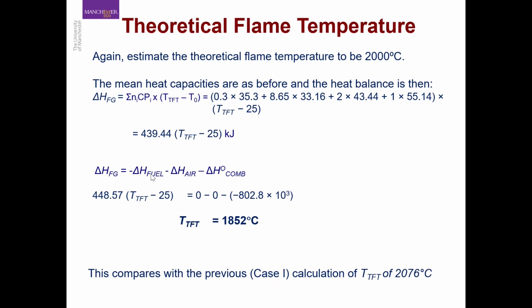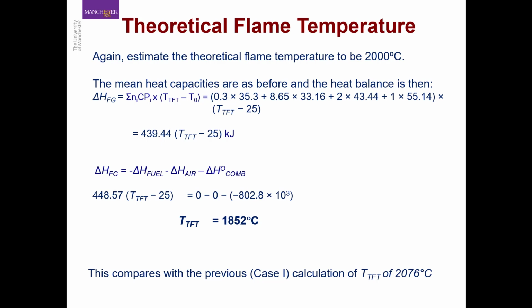And again, because we are at standard conditions, we take these two terms as 0, and we know delta H combustion, just like the previous case, from literature. So if you plug the values in this equation, we get the theoretical flame temperature of 1852 degrees centigrade for the case when we have 15% excess air.